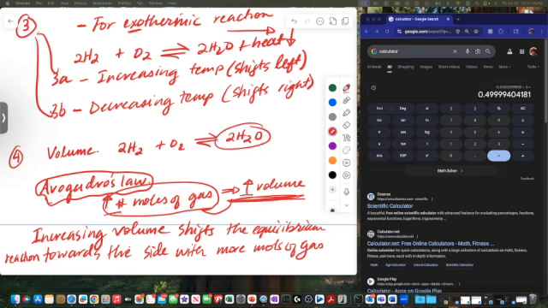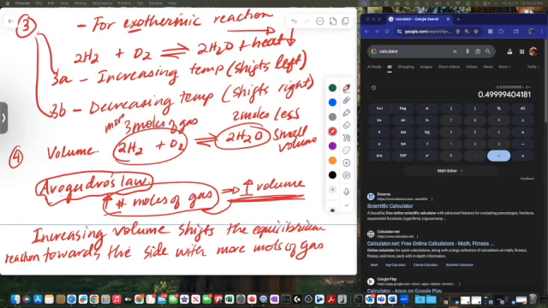So here we have 2 moles of gas. So we'll say less, small volume. And this one here has got 3 moles of gas. So we'll say this one here is more, right? And therefore, this side here wants a higher volume.